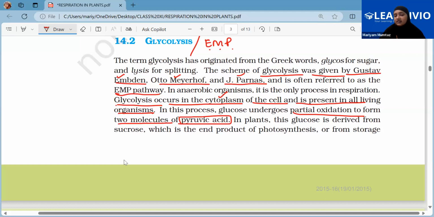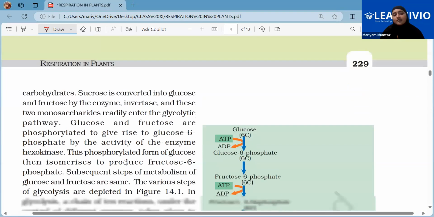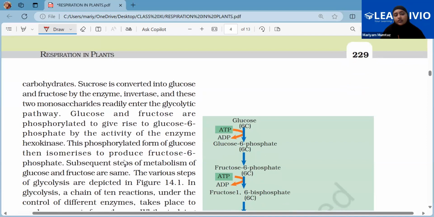In plants, this glucose is derived from sucrose, which is the end product of photosynthesis, or from storage carbohydrates. Sucrose is converted into glucose and fructose by the enzyme invertase. It's like when we want to cook something: first we take out the ingredients from the refrigerator or wherever they are.